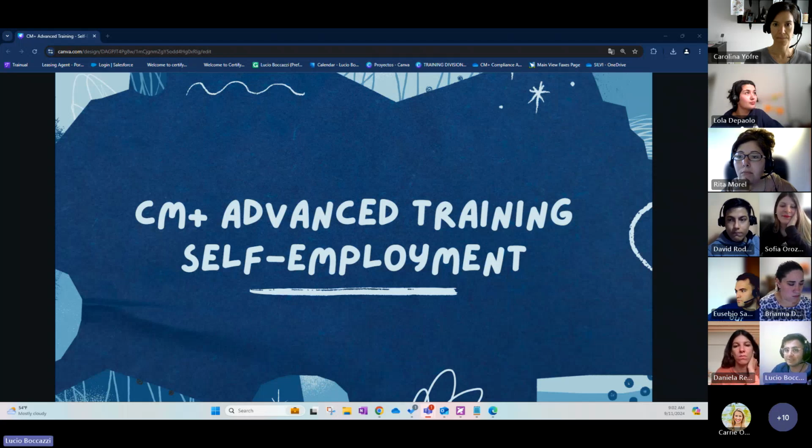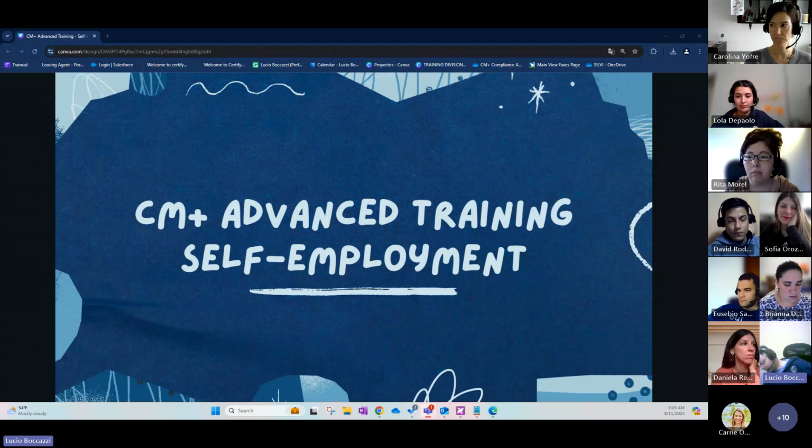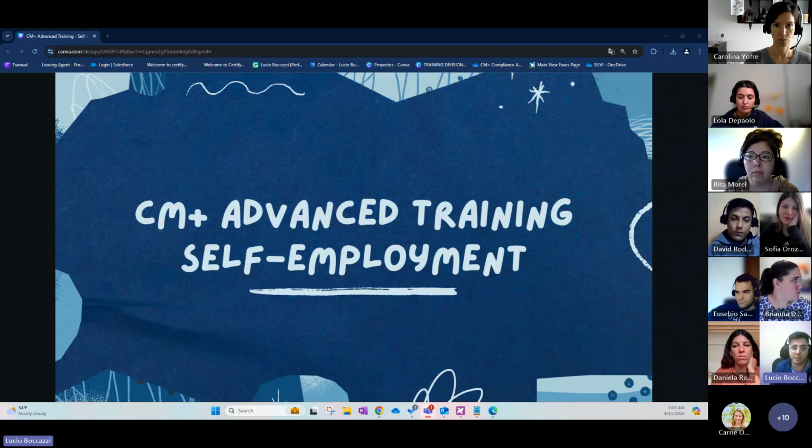Okay. Awesome. So the first thing that I want to start on is there are many differences. I'm not going to cover definitions on what self-employment actually is. That is something that we should all know by now, and it's something that is in the cheat sheet.